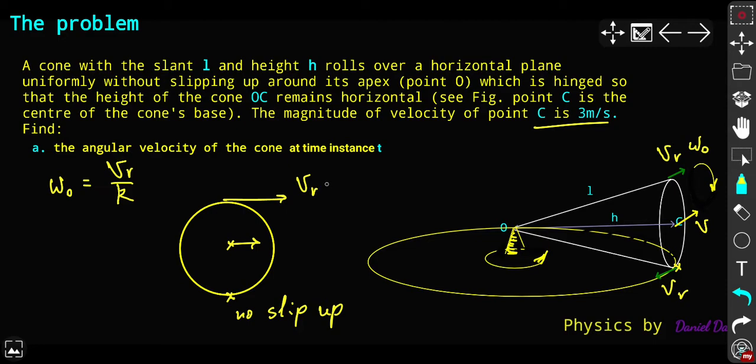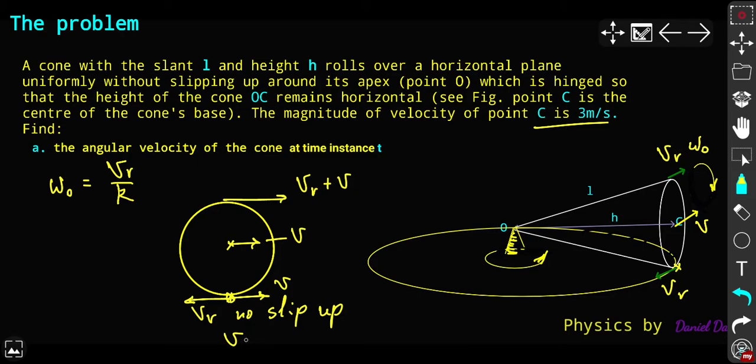So it's V rotation plus V. Here is just pure V, translational, and the resultant is a superposition of V for that point and V rotation. In that case, with no slipping, this point stays in its place, so the resultant velocity of rolling and rotation becomes 0.